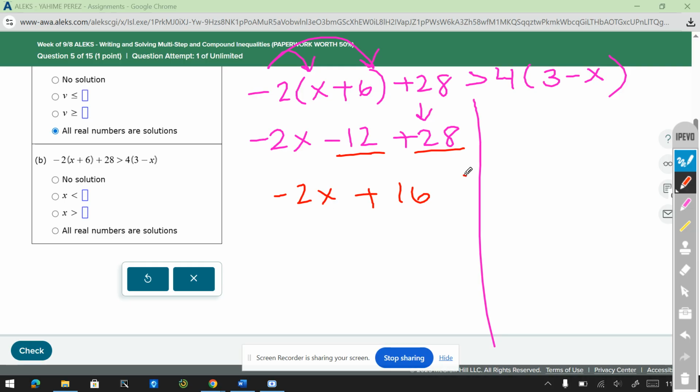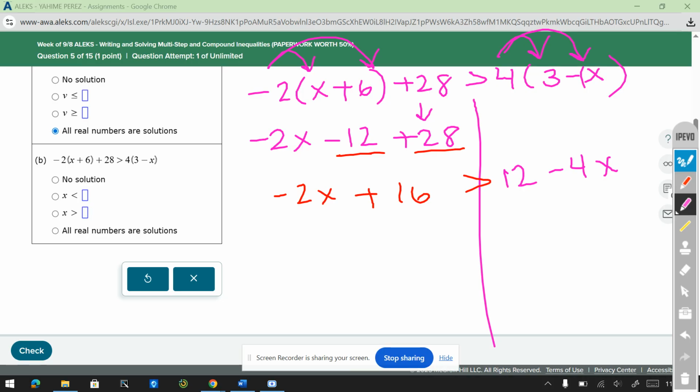Let me check the right side. The right side has parentheses, so I have to distribute. So 4 times 3 is 12. And 4 times negative 1x is negative 4x. Okay, and now the other thing I could do to simplify would be to combine like terms, but 12 and negative 4x, they're not like terms. So I'm all done simplifying. Looking at this whole equation though, I've got variables on both sides. So I have to get rid of one of the variables.